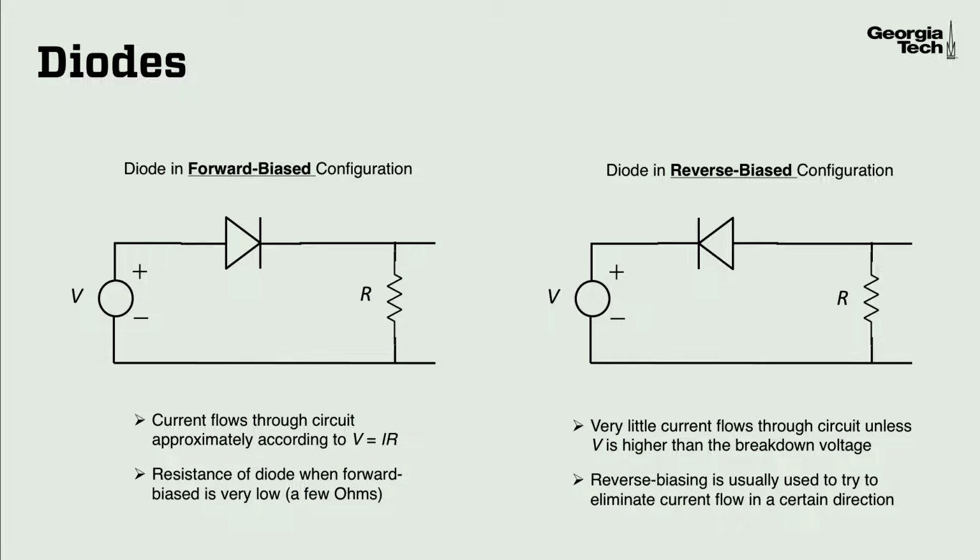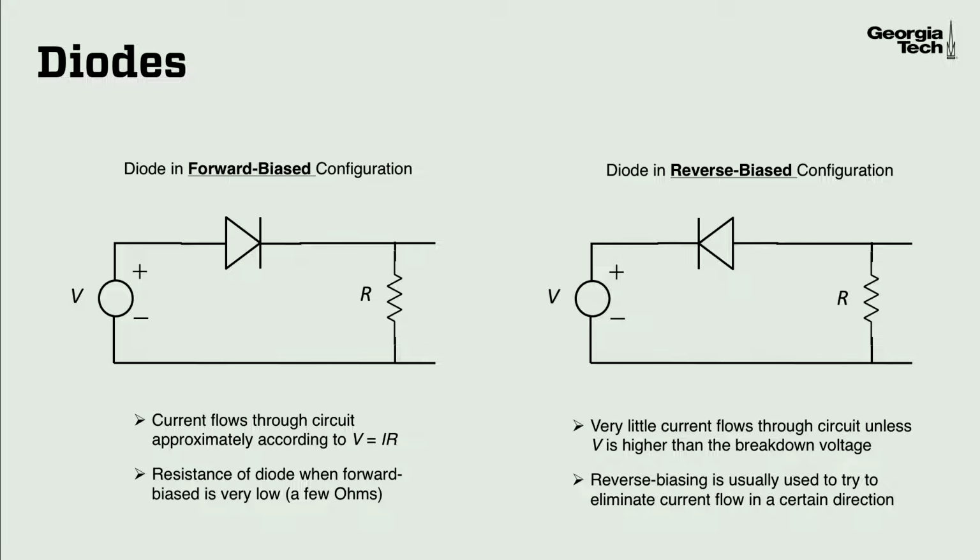This slide shows diodes in both a forward bias configuration and reverse bias configuration within a circuit. In the forward bias configuration, the diode has a very low resistance, and as a result, the current that flows through the circuit will be approximately V equals IR, where V is the voltage source and R is the resistor.